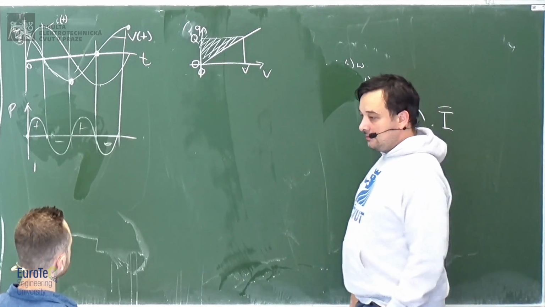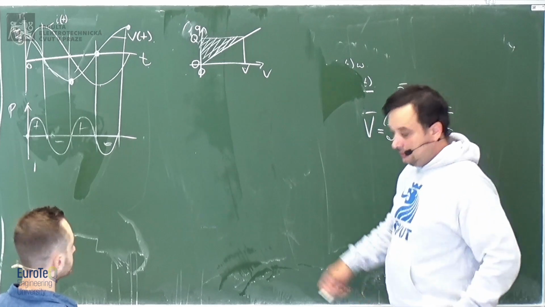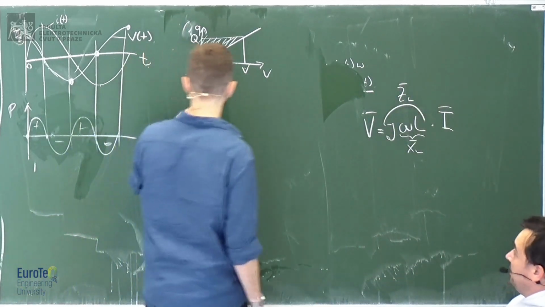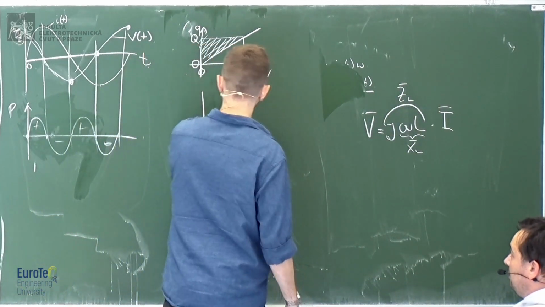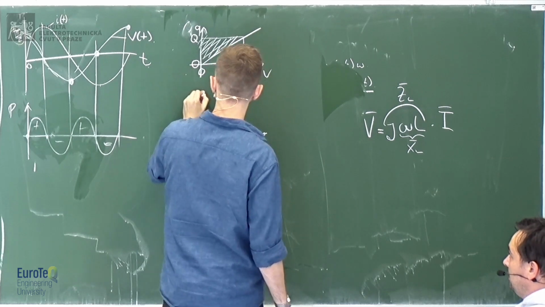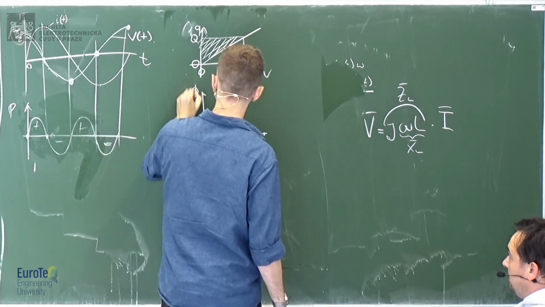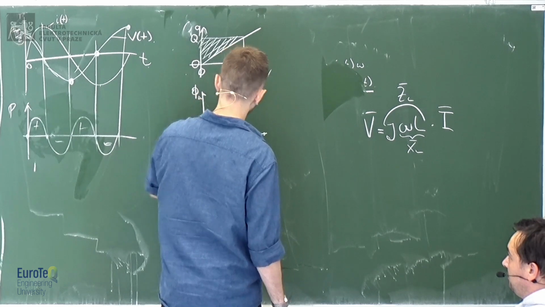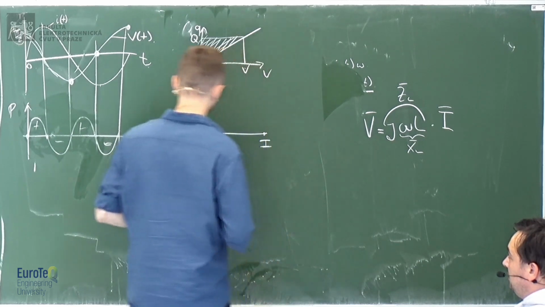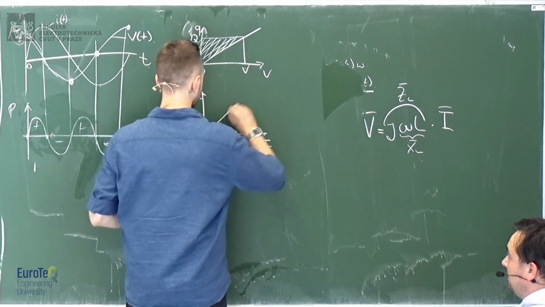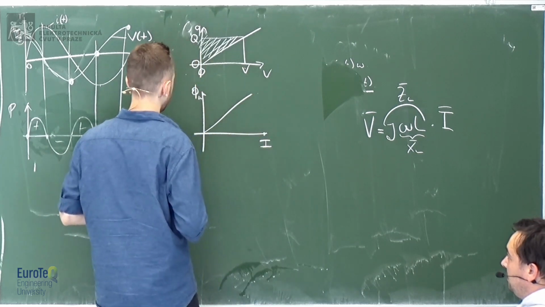What about the magnetic flux? Let's draw the same relationship. Now we know that the inductive flux is L times the current, so we have a linear relationship.